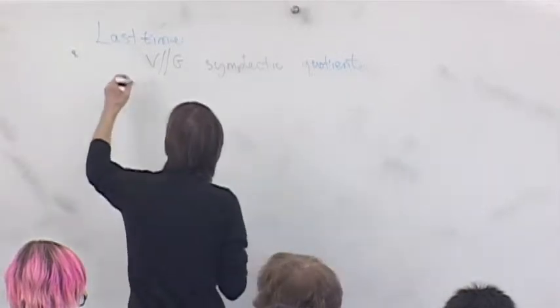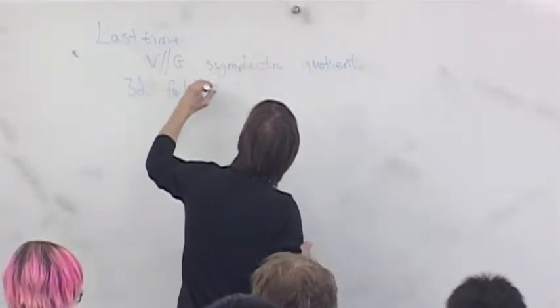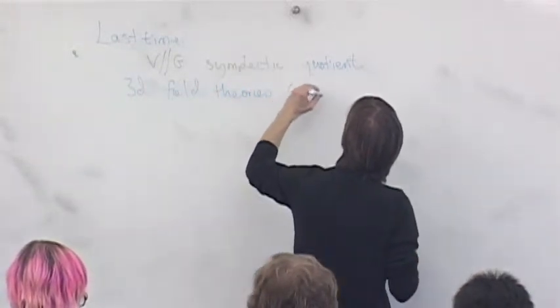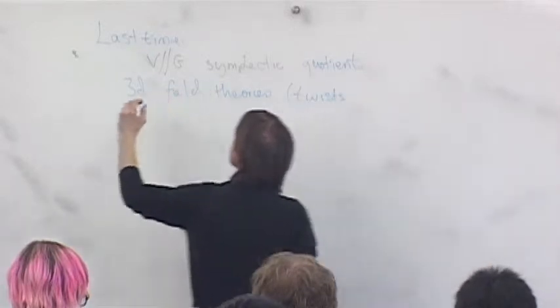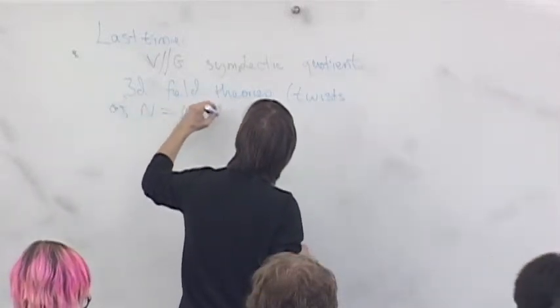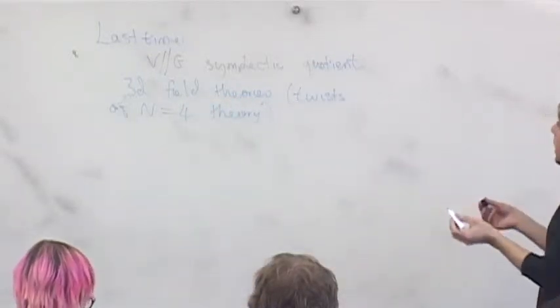We can consider some 3D field theories, which will be the twists of the N=4 theory. And so what were they?